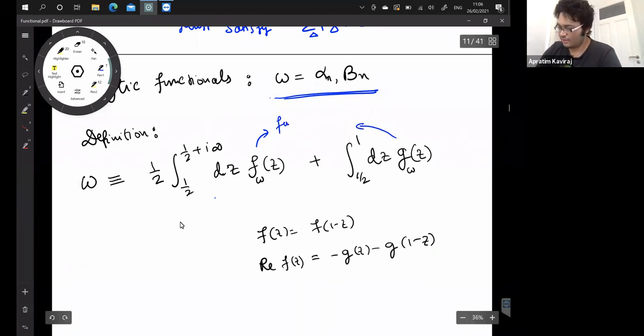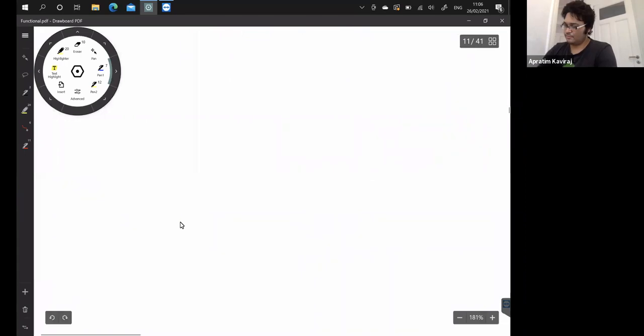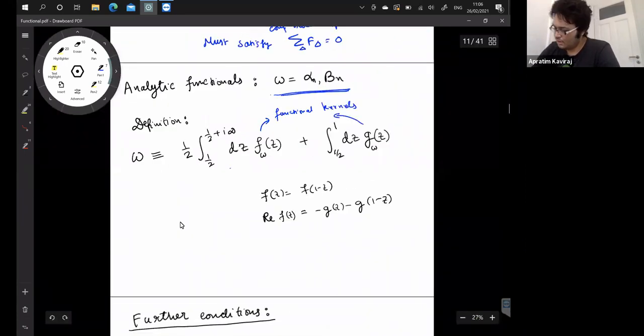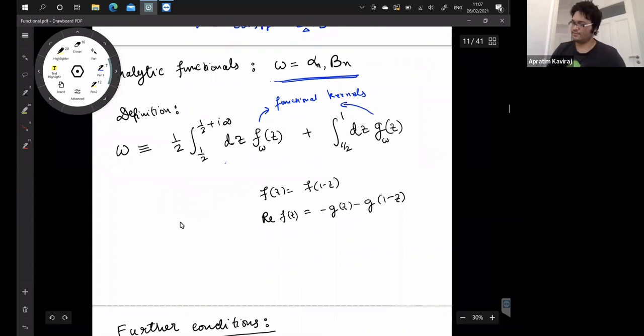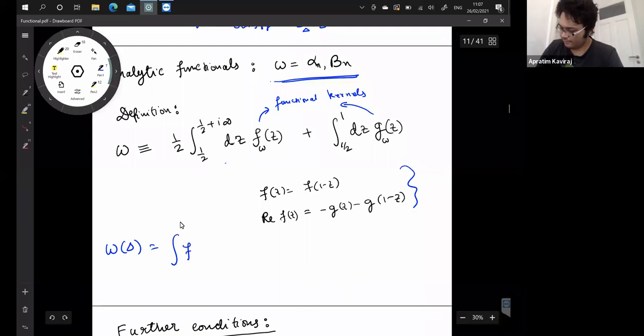These are functional kernels, and f and g have some relations between them, and they are given by the following. So f and g are related in a certain way. And the action of a functional omega delta is basically nothing but these integrals acting on the conformal blocks like the following.